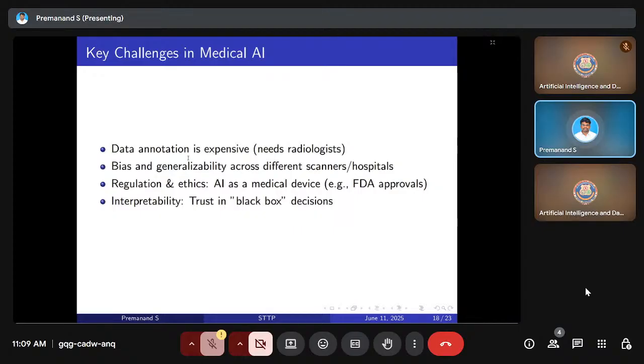So it's not about simply extracting the images or data alone. We need to understand that this particular data is a normal condition, and this one is something else. This process itself will be expensive. The second thing is bias and generality. If the hospital I'm running is a cancer hospital, I have only cancer-oriented patients, so I'll be collecting data only from those kinds of patients.